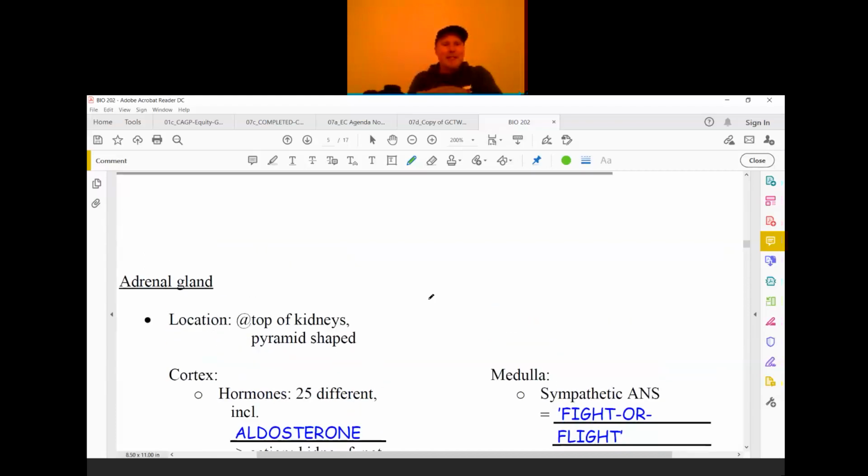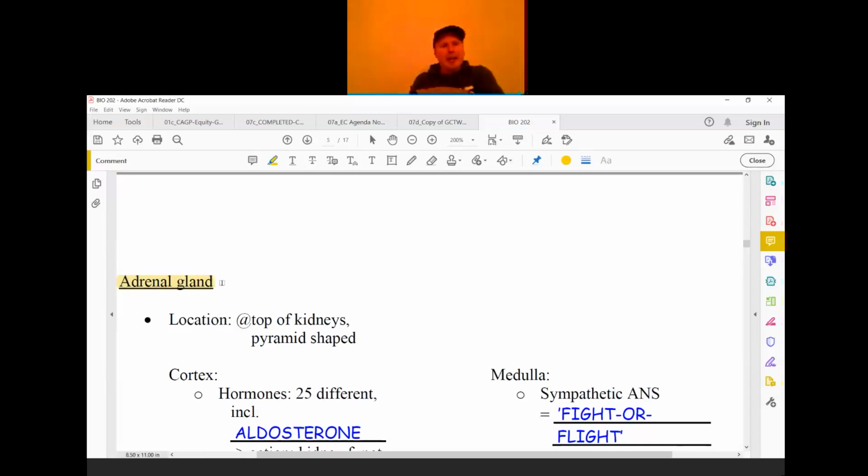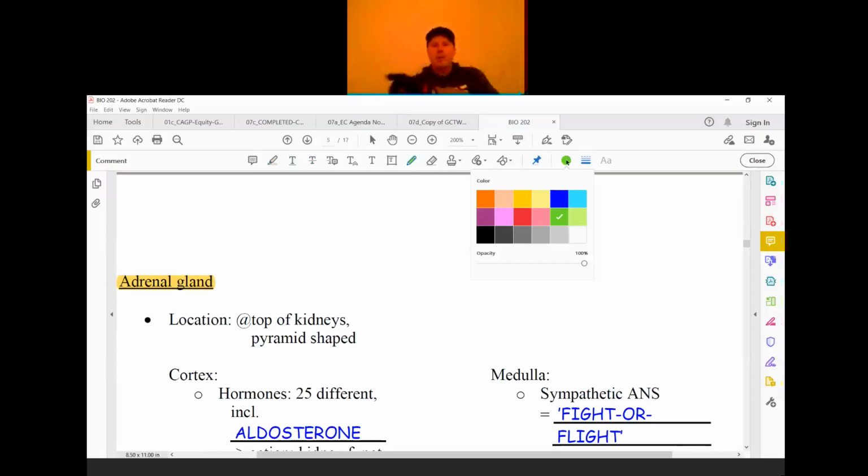So what we're going to do next is move on and look at the adrenal gland. I'm not so sure if you've heard about the adrenal gland before. Certainly if you have not done a lot of A&P, it might be one of these structures that's a little bit stranger to you. The adrenal gland is found on top of the kidneys.